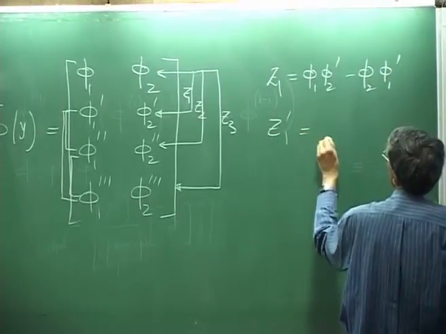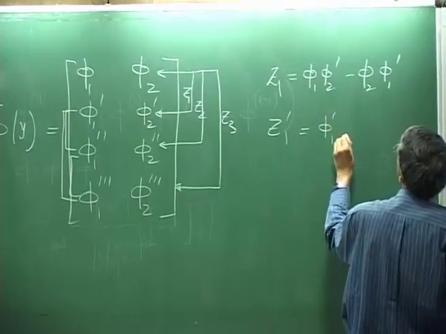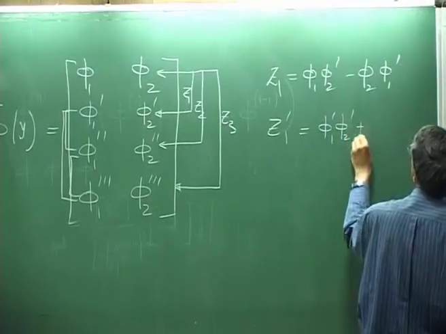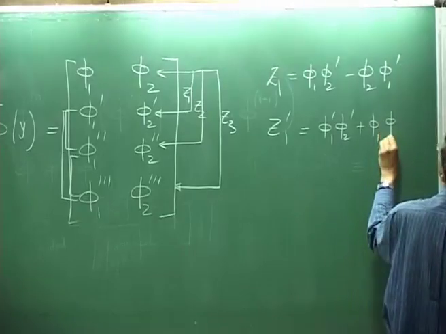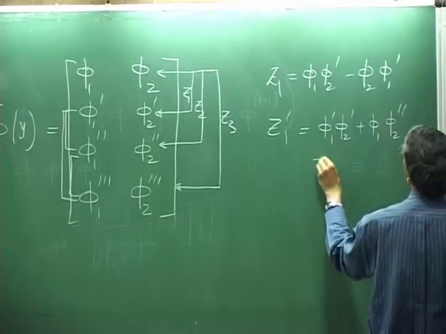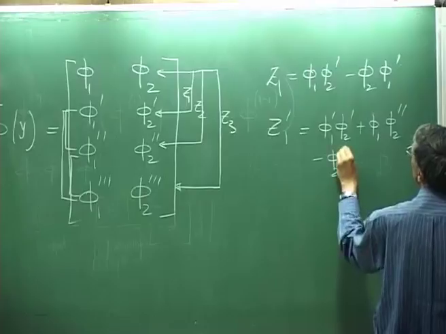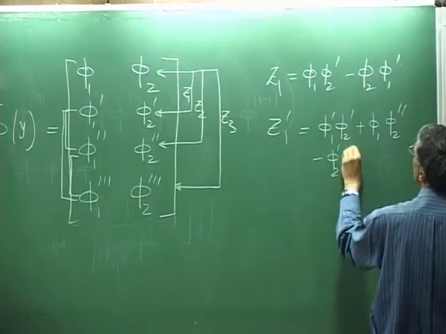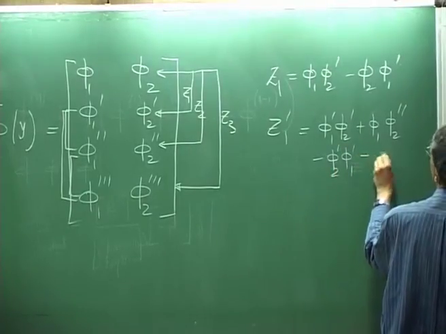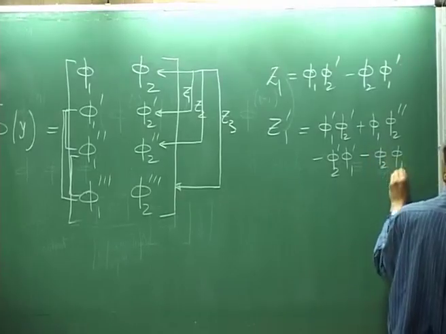I will get Z1 prime as phi 1 prime phi 2 prime plus phi 1 phi 2 double prime minus phi 2 prime phi 1 prime and phi 2 phi 1 double prime.